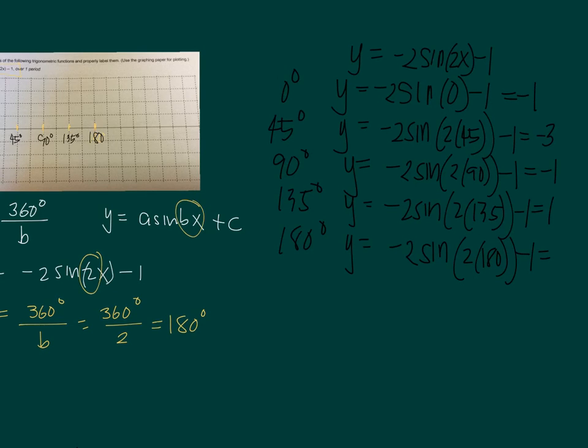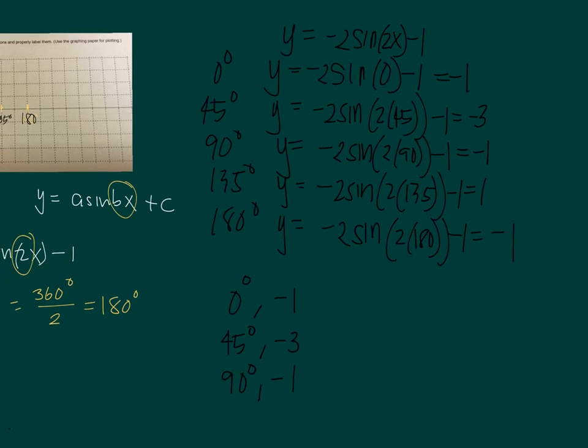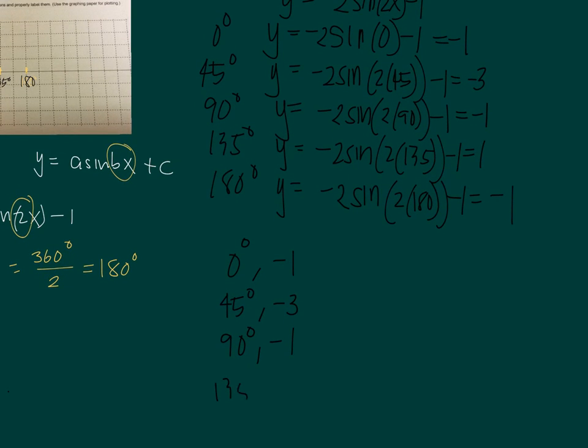You can compute that, and it is equal to negative 1. So let us summarize the values. 0 degrees, it's negative 1. 45, it's negative 3. 90, it's negative 1. 135, it's 1. And 180, it is negative 1.